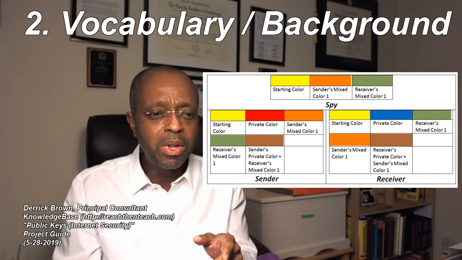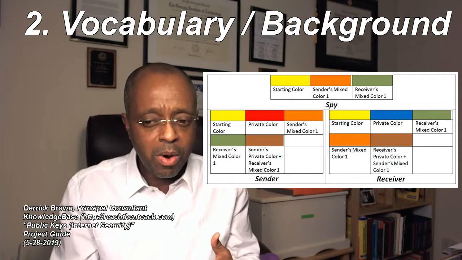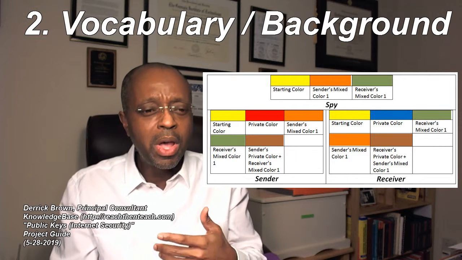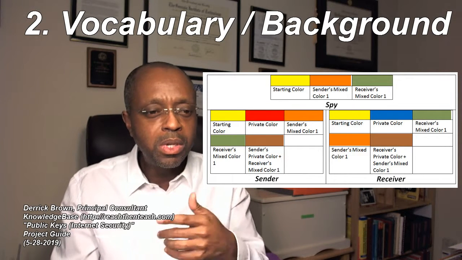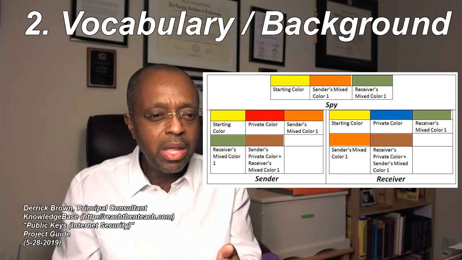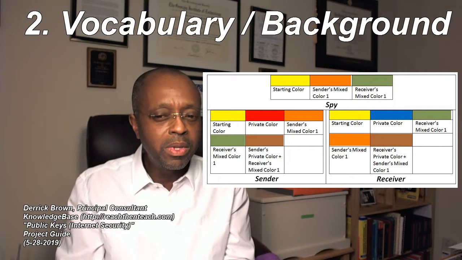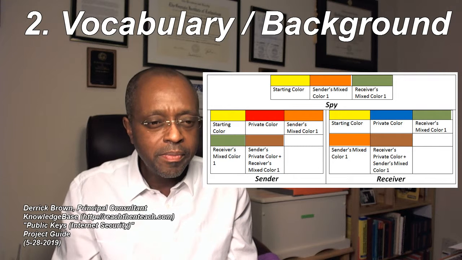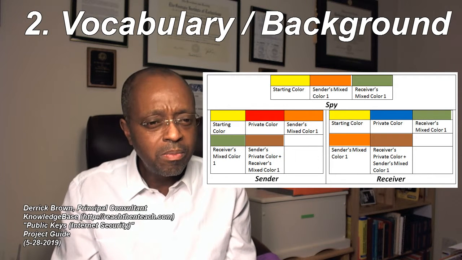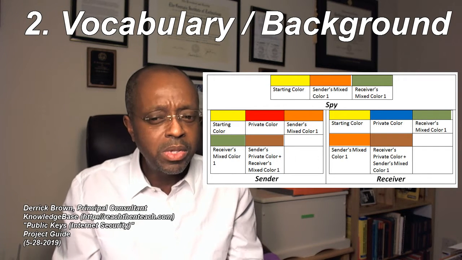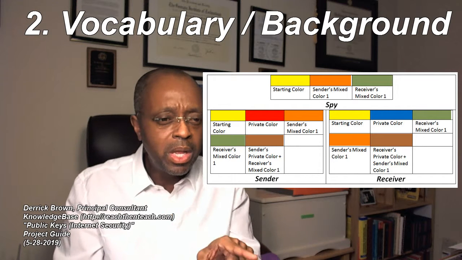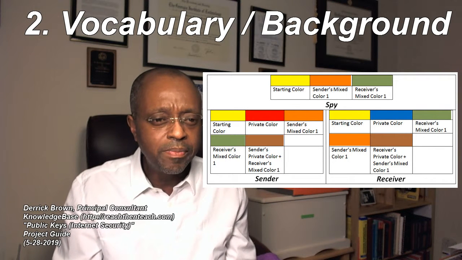The receiver has received orange. They will add their blue to orange, and holy moly, they end up with brown as well. So now they can communicate using that shared brown color.